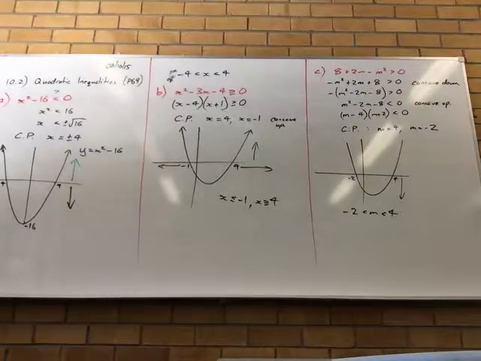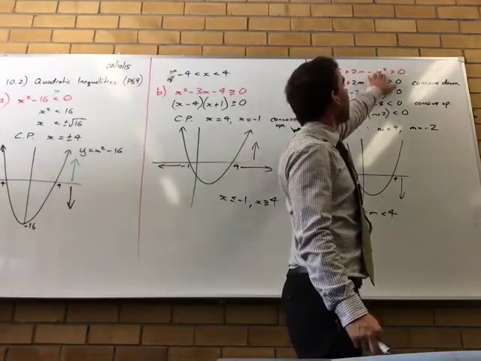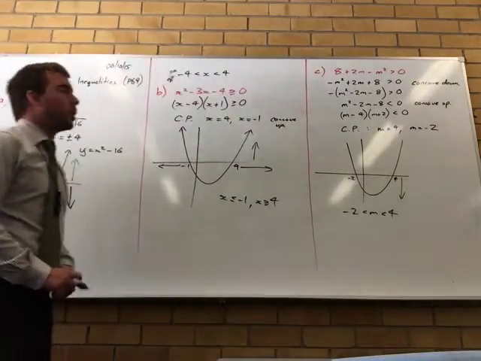Okay, if you're not convinced that's the answer, what you need to do is test some points in the region. Okay, so if I pick 0, for example, for m, because that's between -2 and 4, so 8 plus 0, take away 0, so 8, which is greater than 0. Alright, so that works.